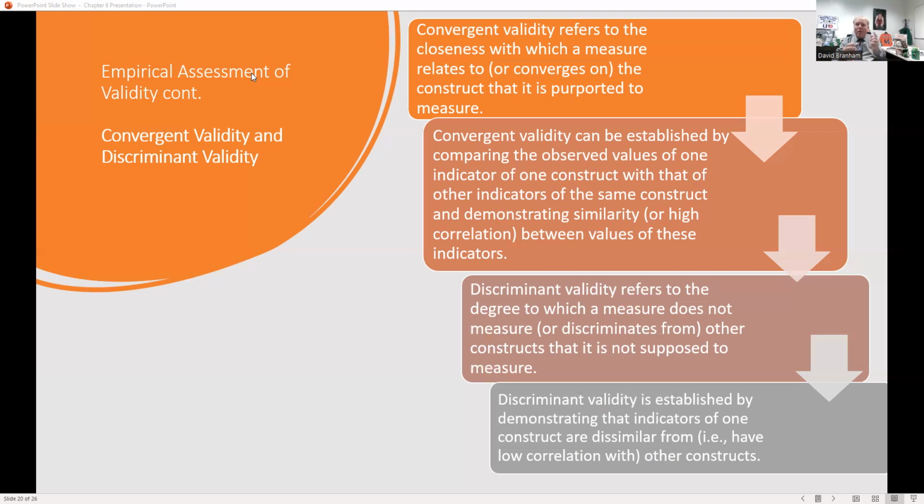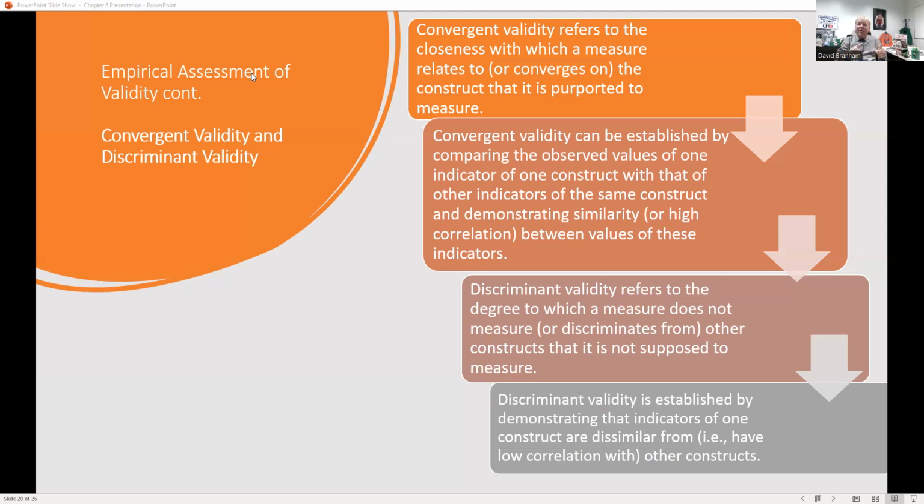So when you compare that, you demonstrate that there's similarity or a high correlation between the values of those indicators. So that's convergent validity. All these indicators should be correlated with each other. An intelligent person who knows the answer to this will know the answer to this, who will know the answer to this. A less intelligent person who doesn't know the answer to this will probably not know the answer to this either, and so forth.